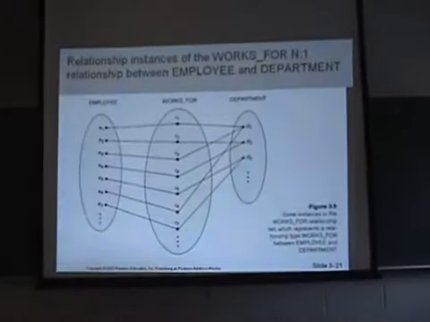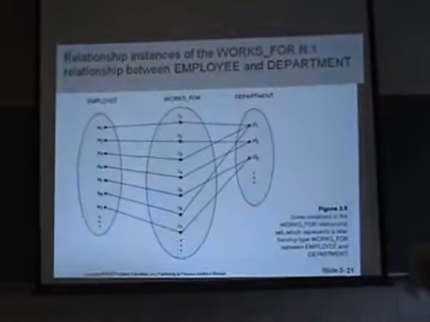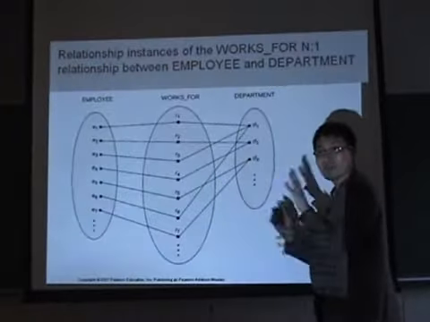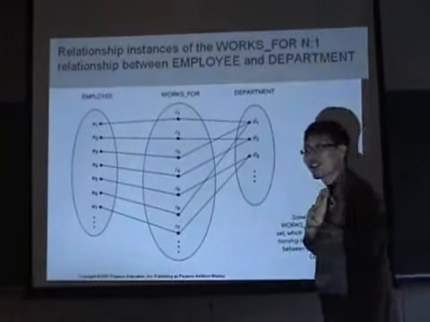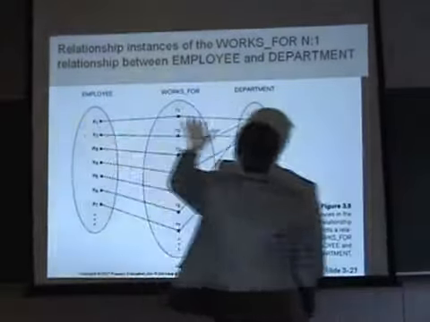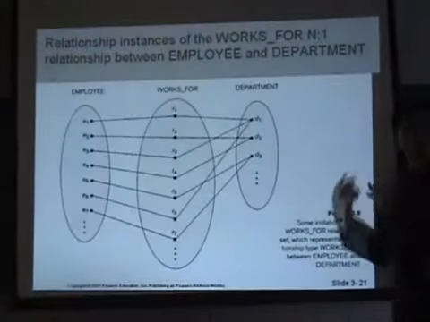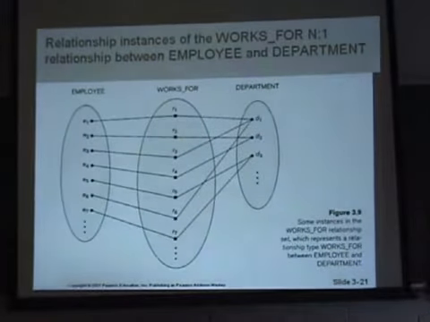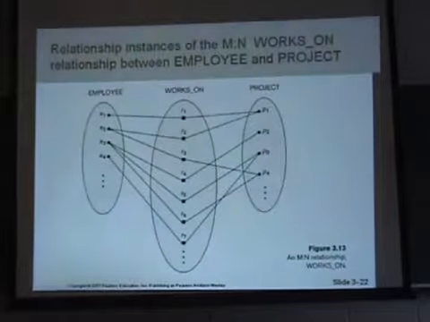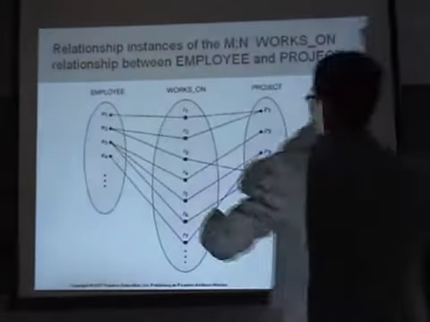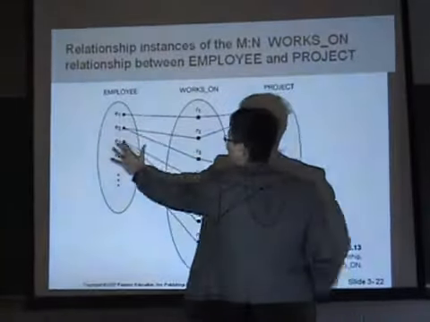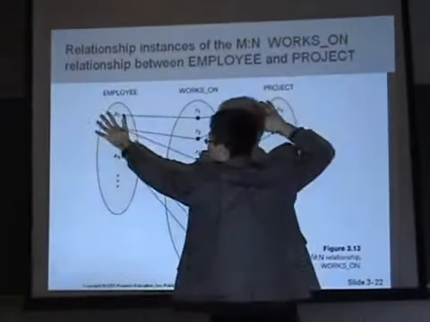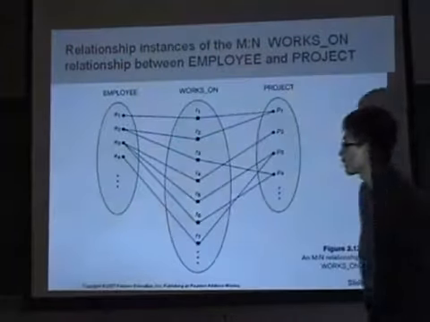This is a relationship between employee and department. It's not one-to-many. Okay, don't be confused. I was confused a lot. Many employees work for one department: a many-to-one relationship. Then this one: many employees work for the same project, and one project may have many employees, so it's a many-to-many relationship.